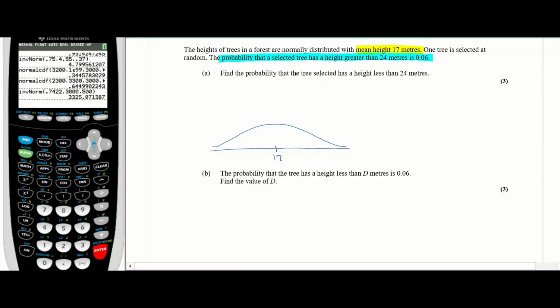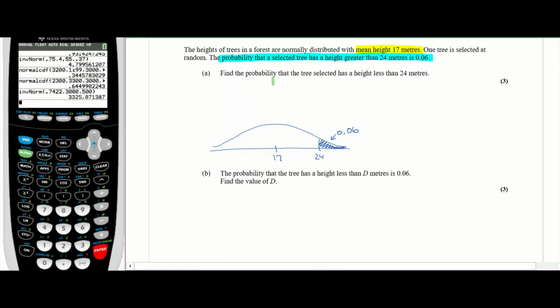So here's my mean height, 17. So somewhere over here is 24. And that, based on the information I highlighted in blue, the likelihood of being above that 24 is 0.06.